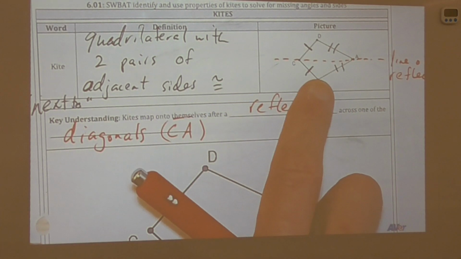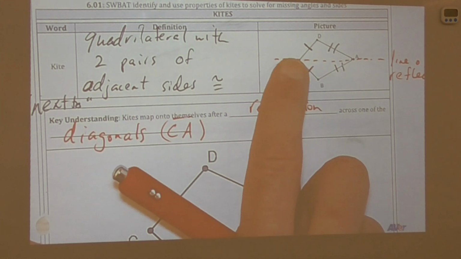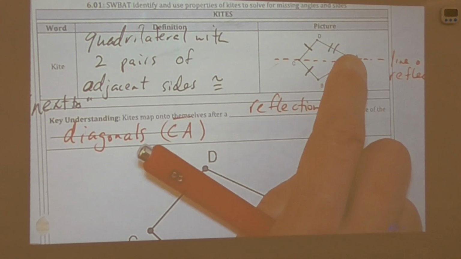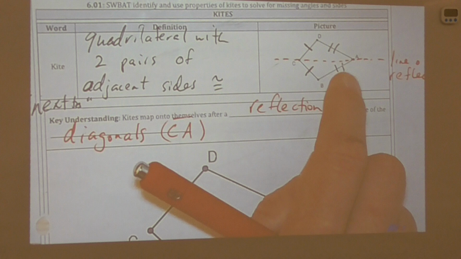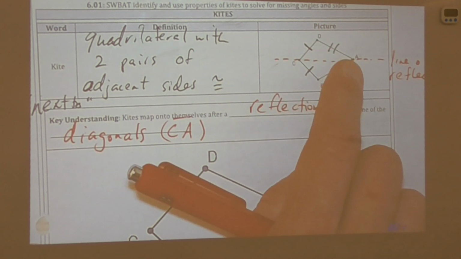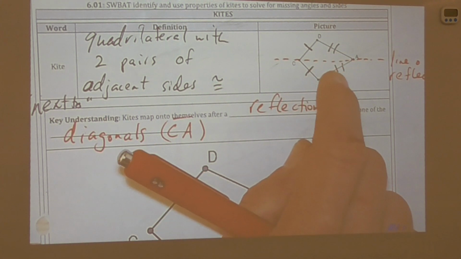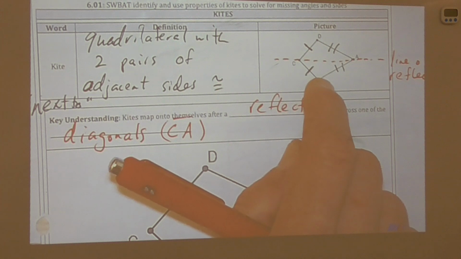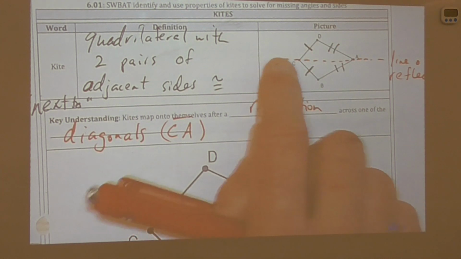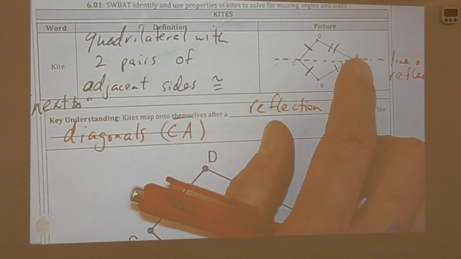And because this is true, we could say that a rigid motion maps triangle CDA onto triangle CBA. Rigid motions preserve distance and angle measure, so triangle CDA is congruent to triangle CBA. We should also be able to see that they're congruent by side, side, side, the third side being the reflexive property, CA.